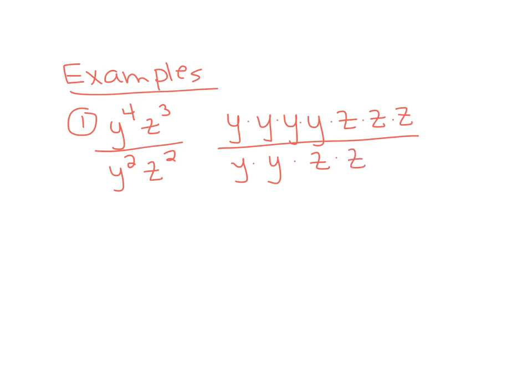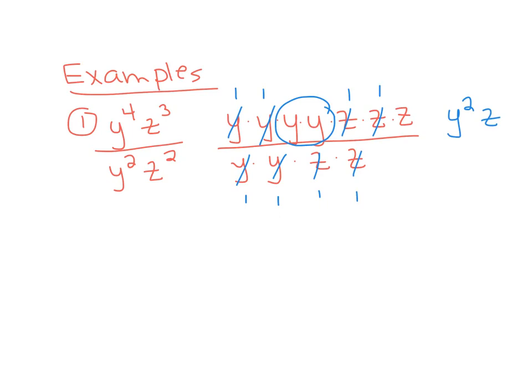Just like when we were doing fractions, think of it as we're going to simplify. These two cancel each other and turn into ones. Cancel each other, turn into ones. Cancel each other, cancel each other. So here's what I'm left with: y squared and a z, all in the numerator.